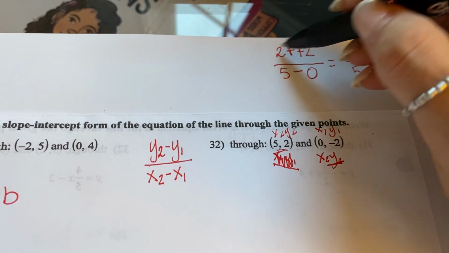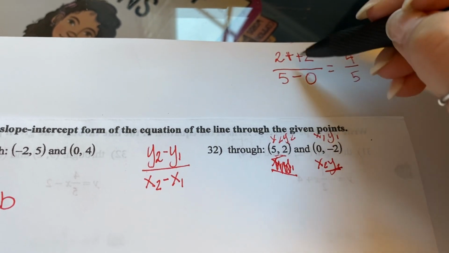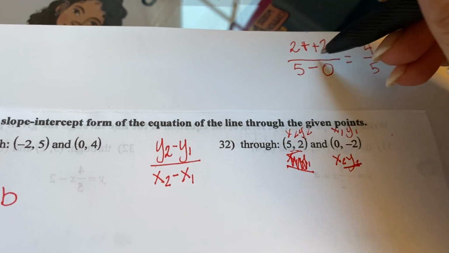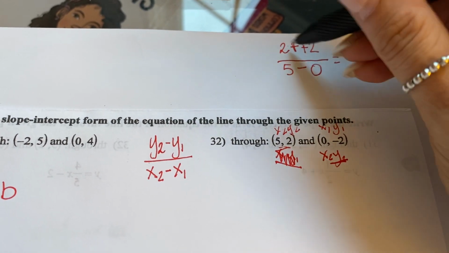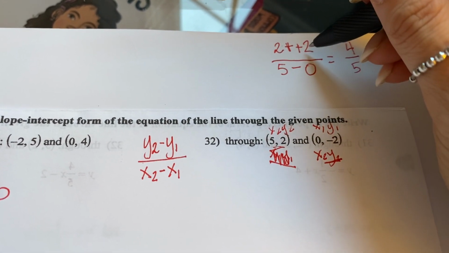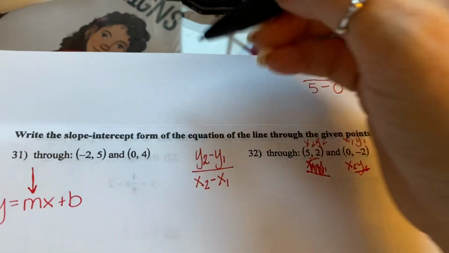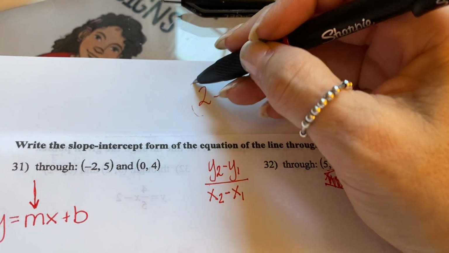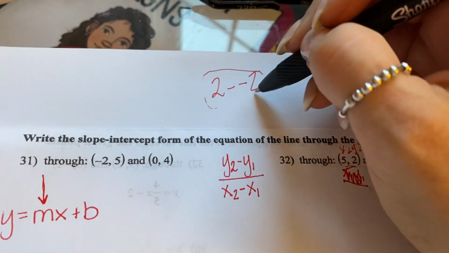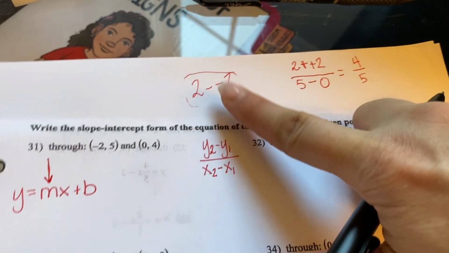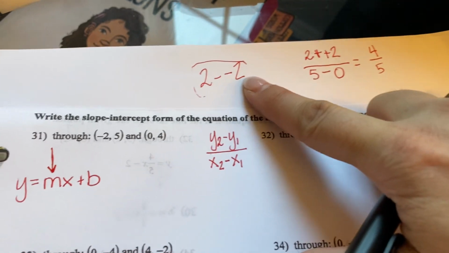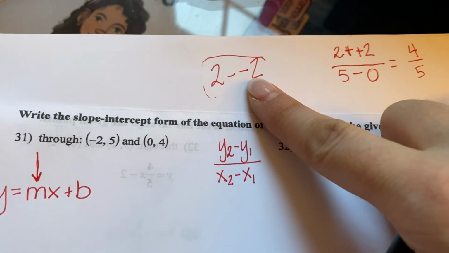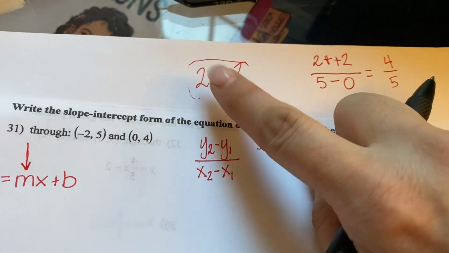And if you don't have this mastered, you need to go see a tutor, you need to practice, because I, as your math teacher, expect you to know how to do that math problem. 2 minus negative 2. This problem is something I expect you to know how to do, okay? I know you do it in 6th grade. I don't know if you do it in 5th, but I know 6th, 7th, and now you're in 8th grade. You should know how to do this.